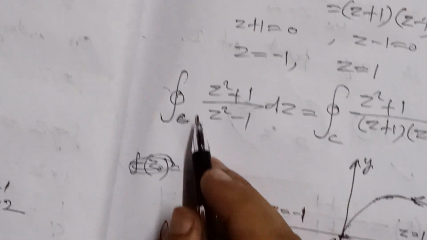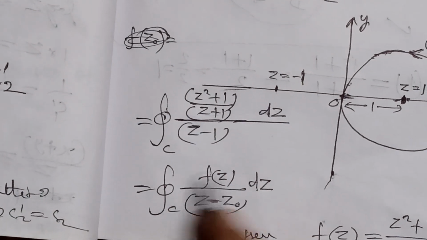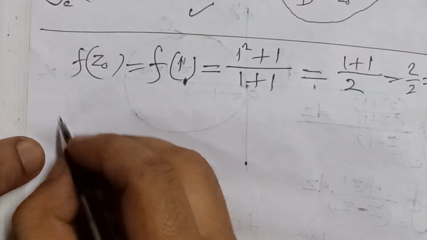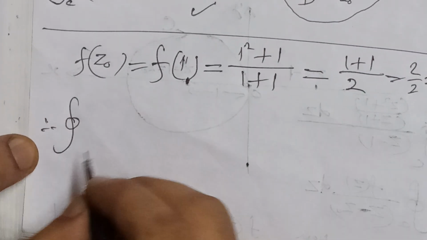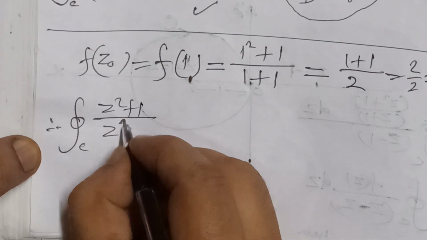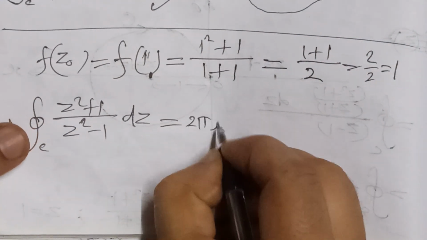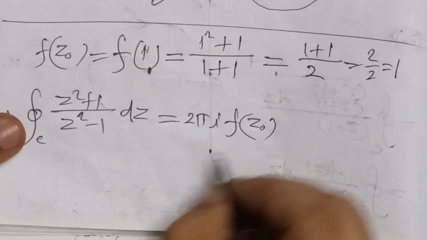So this integral, which we changed into this form, becomes: therefore the closed line integration of (z squared plus 1) upon (z squared minus 1) dz is equal to 2 pi i f(z naught).